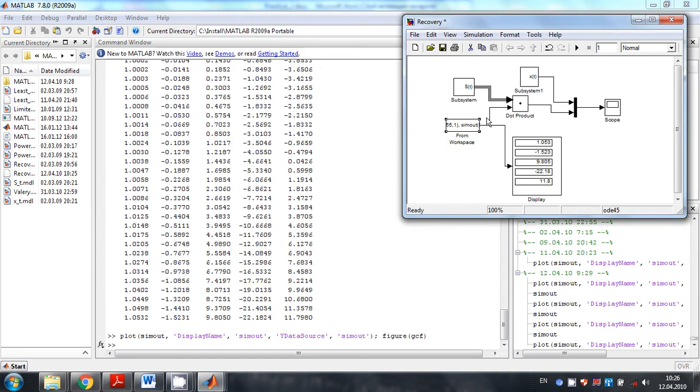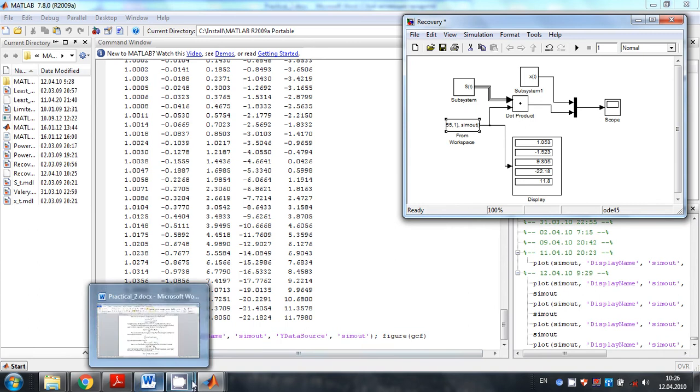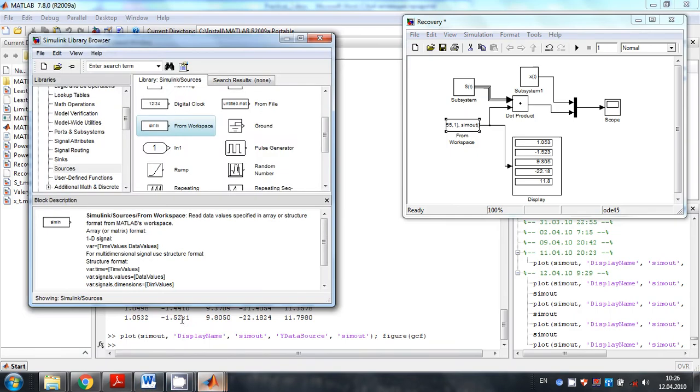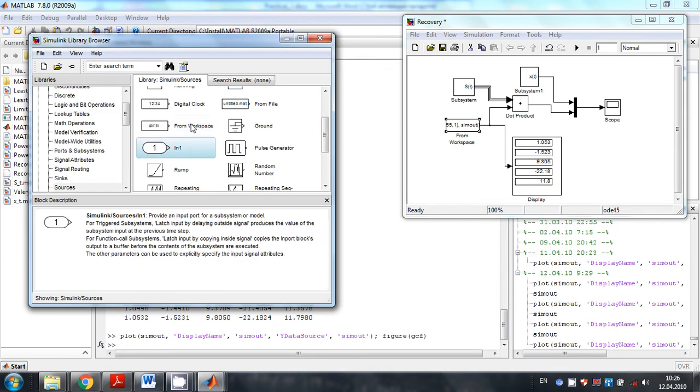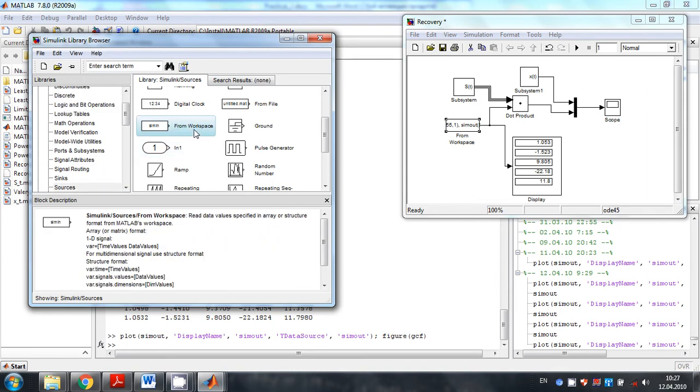This is the source from workspace. This is the component letting you input data from the workspace. And we need to tune it up.